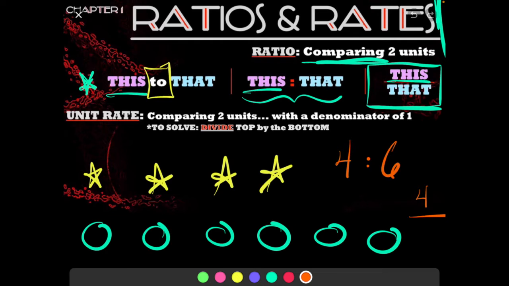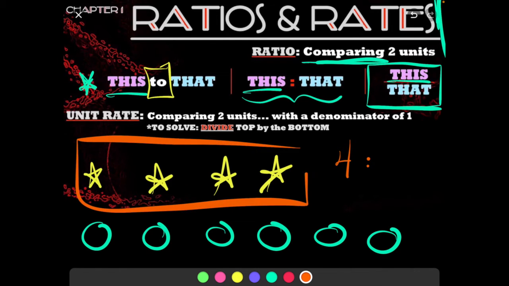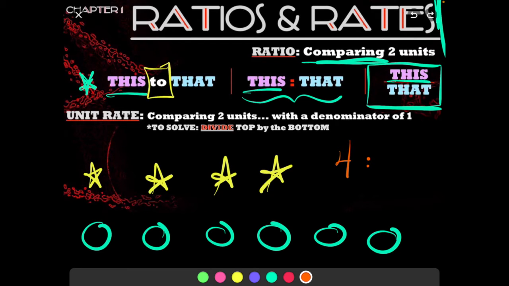Now, they might say some other things. For instance, what's the number of stars to total shapes? In this case, there are 4 stars. If they want to know how many total shapes there are, you have to do an extra step, which is to add the total number of stars plus the total number of circles, which makes 10.